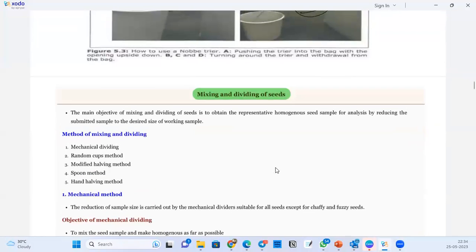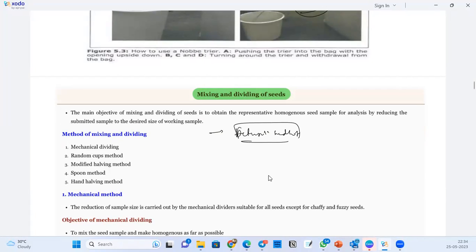Next, once the samples are collected, we have to mix and divide the samples. If we do not do this procedure, there will be heterogeneity in the seed lot. That is why mixing and dividing the seeds is very necessary, so that the sample we are taking is representative.